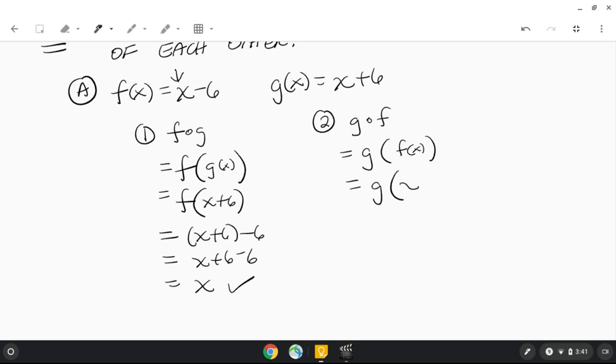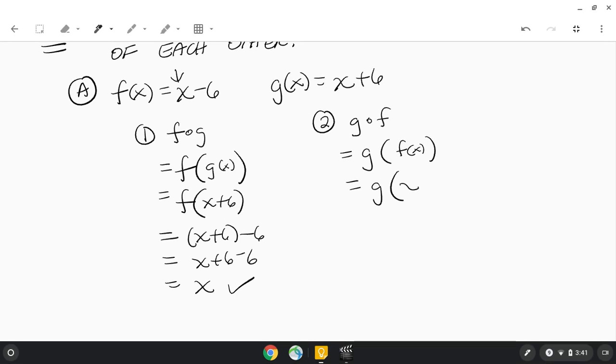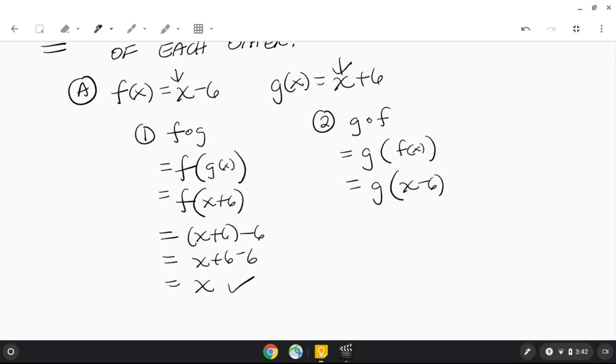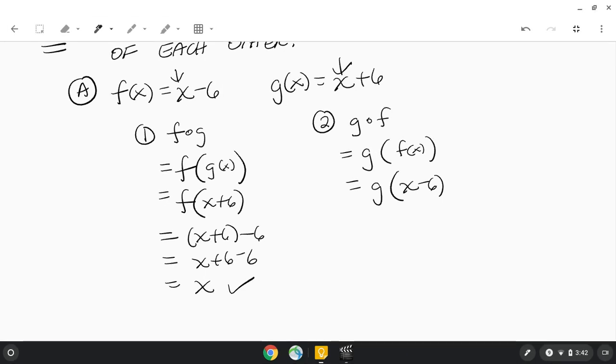So I have to replace all the x in the G function with x minus 6. This right here gets replaced with x minus 6, so x minus 6 and then the plus 6. Remove the parentheses and I get x minus 6 plus 6, and I get x.